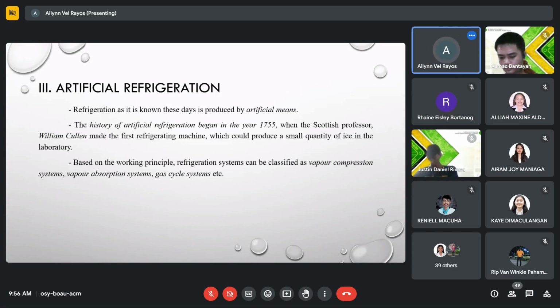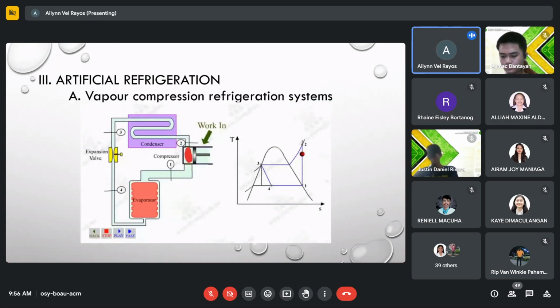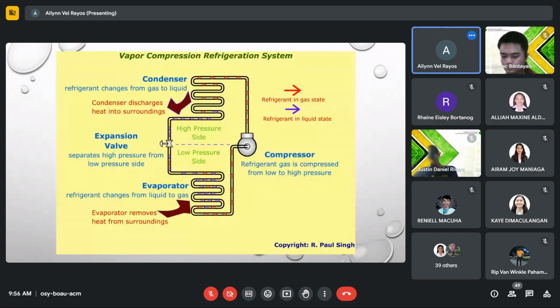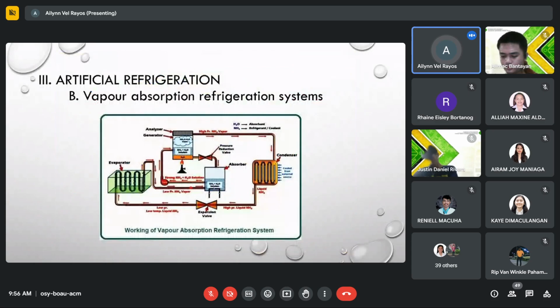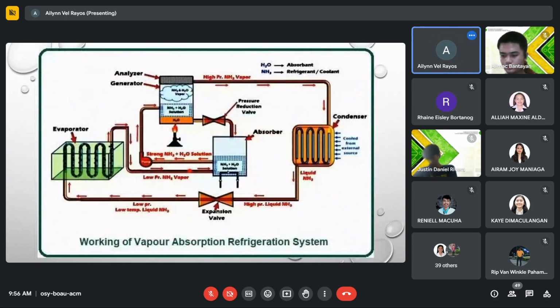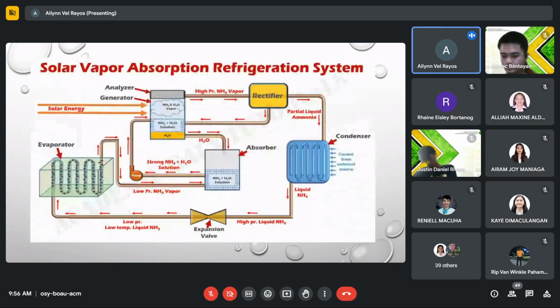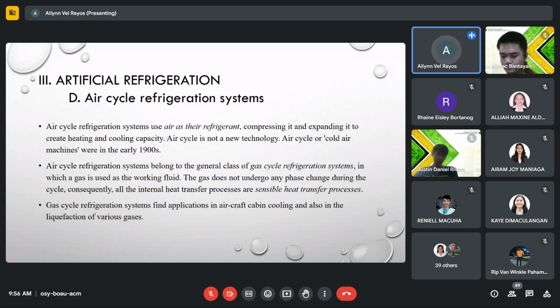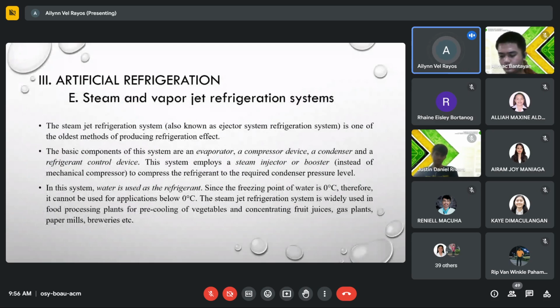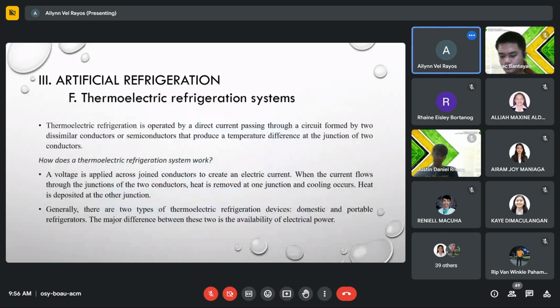Before we start our discussion, we have also listed those refrigeration systems: the vapor compression refrigeration systems, the vapor absorption refrigeration systems, the solar vapor absorption refrigeration systems, the air cycle refrigeration systems, and the steam and vapor jet and thermoelectric refrigeration systems.